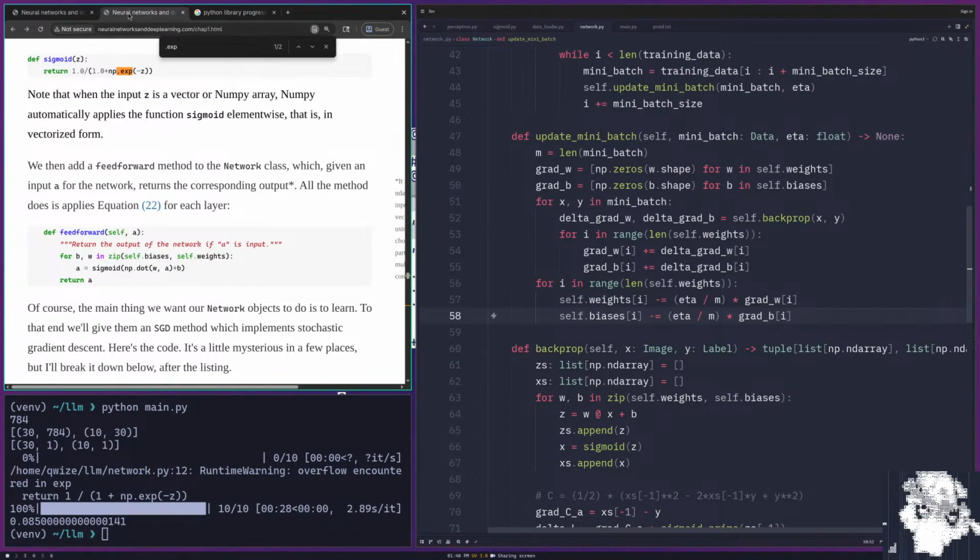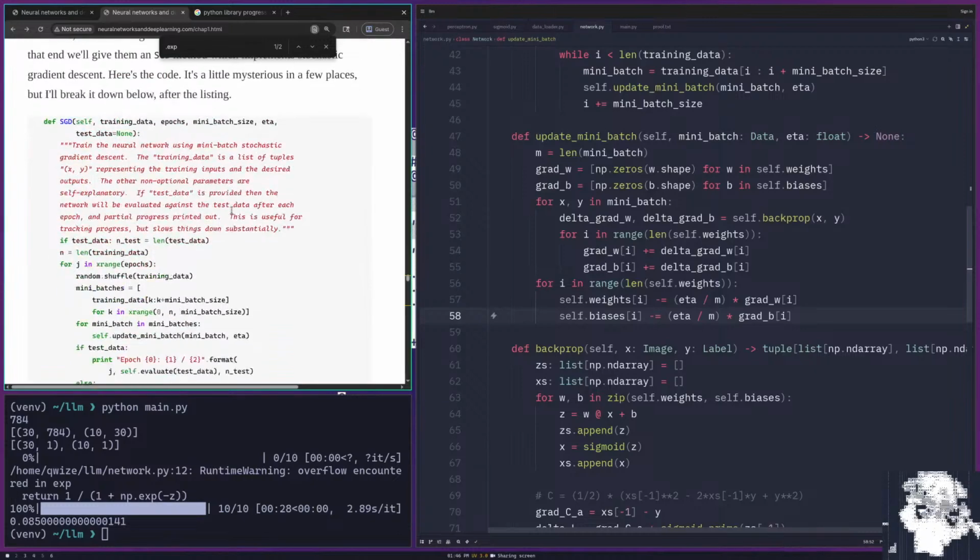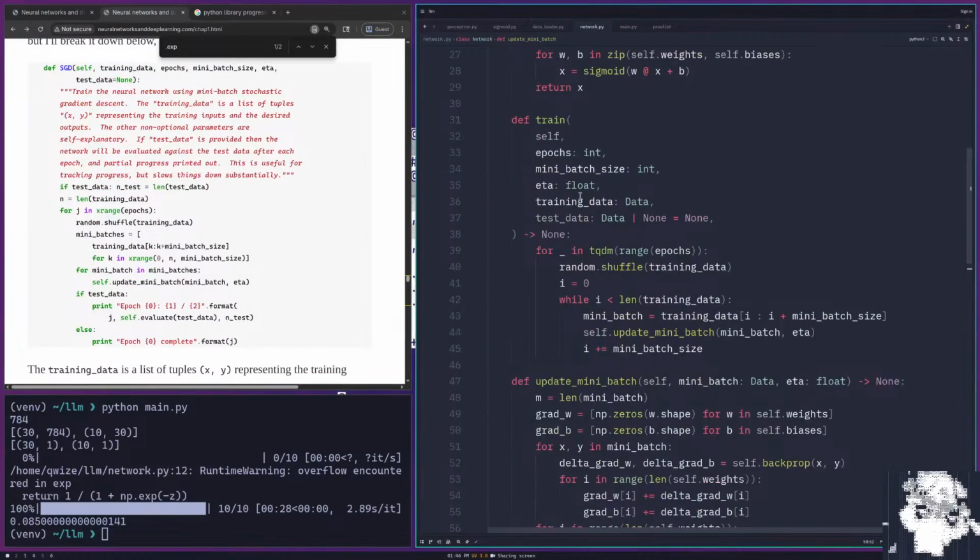Okay, let's compare to their code. So here's train. Shuffle. It's also what we do. Then we're iterating over mini batches of a certain size.